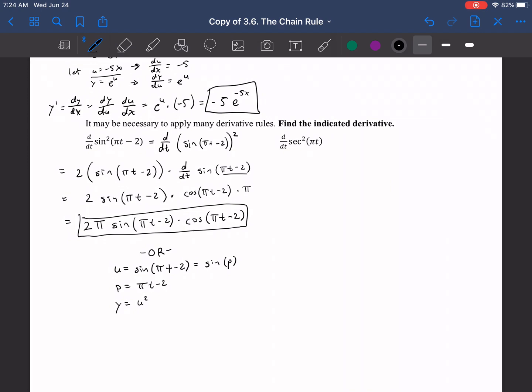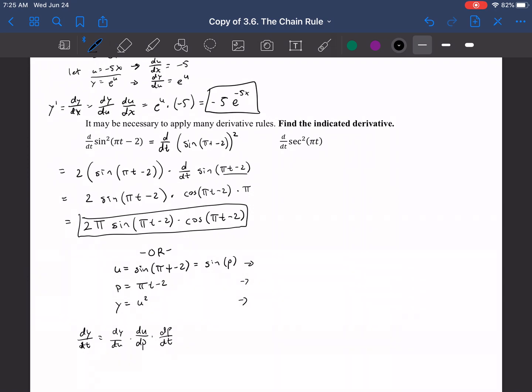And in that case, you would then go through and do the derivatives of each one of these, and then dy dt is going to equal dy du, du dp, dp dt.